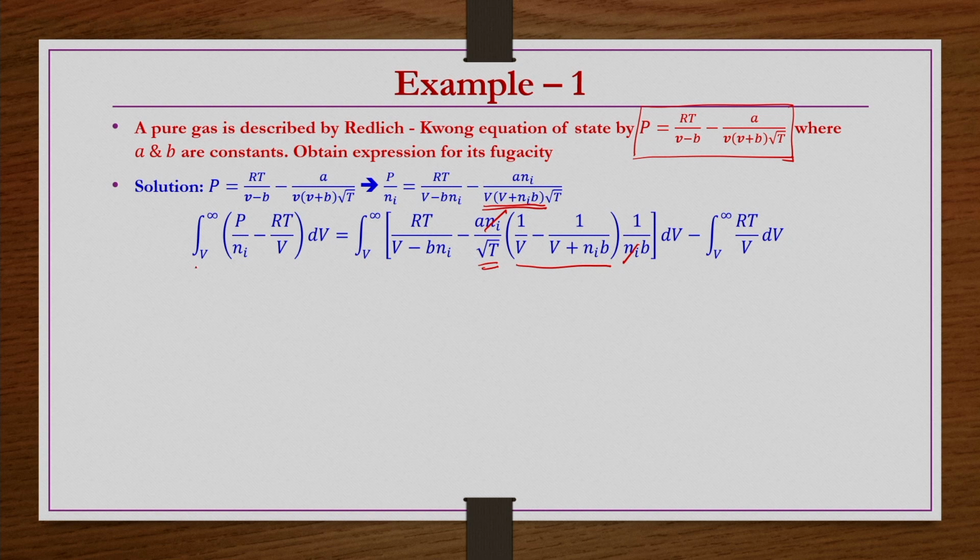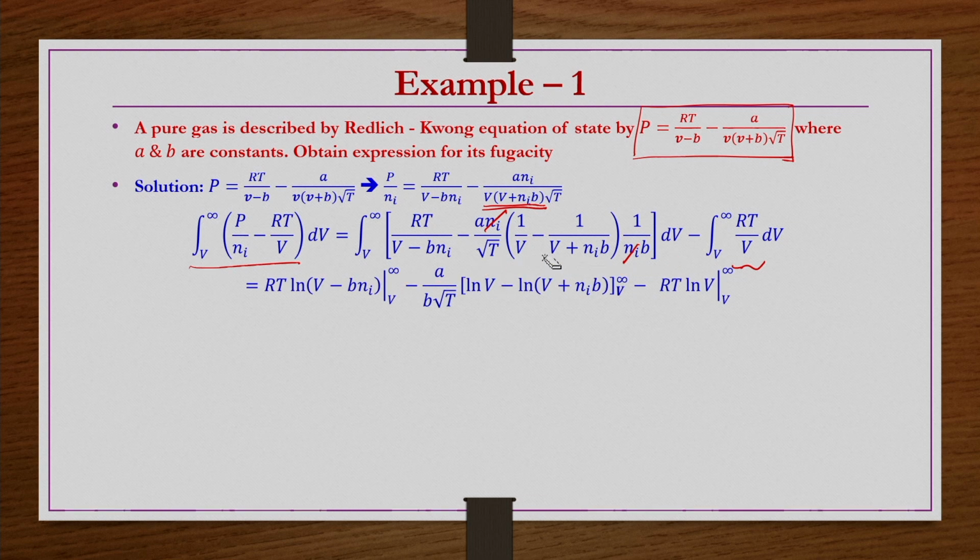So actually we need the integral from V to infinity of P by Ni minus RT by V dV. This term is P by Ni, and this term RT by V as it is I have written as a separate term, right. Further, if you integrate this equation, what will we have?